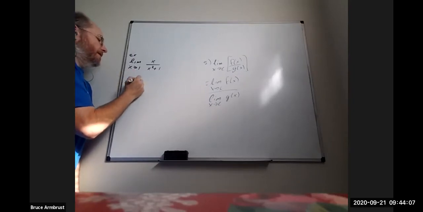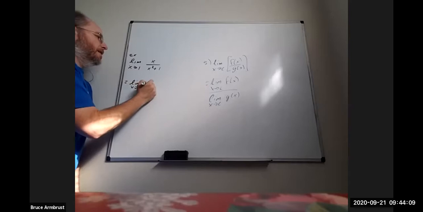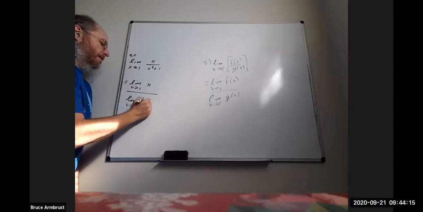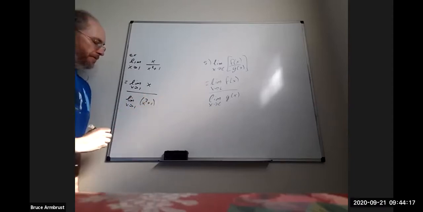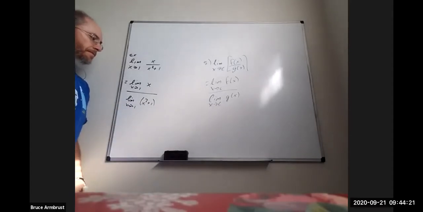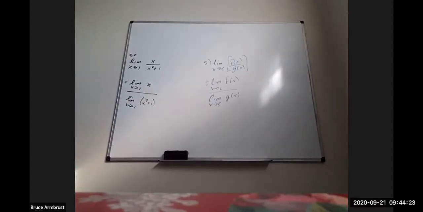So this is going to be the same as the limit as x goes to 1 of x divided by the limit as x goes to 1 of x squared plus 1. I just used the fact that since I had division inside my limit, I can write it as two separate limits.